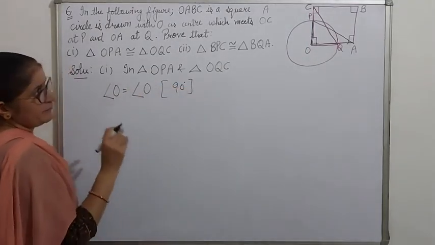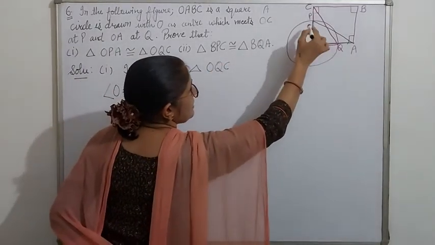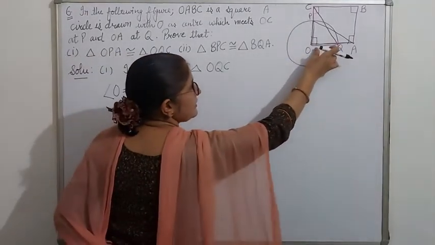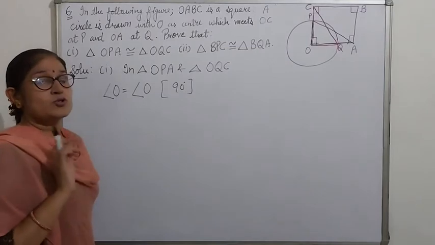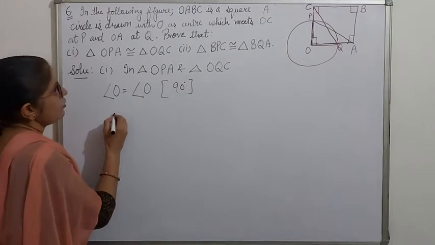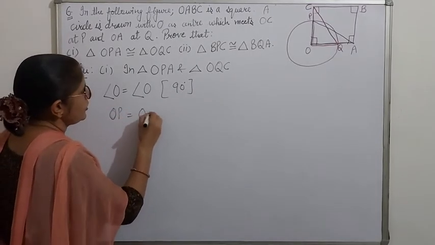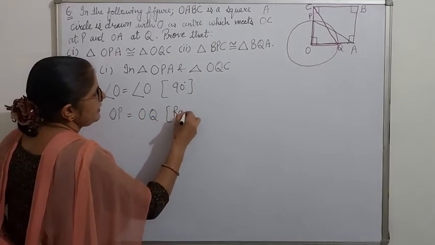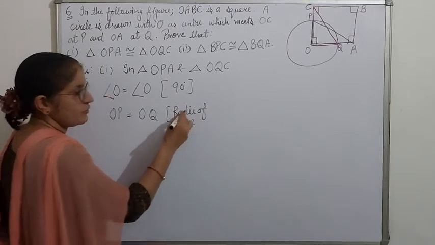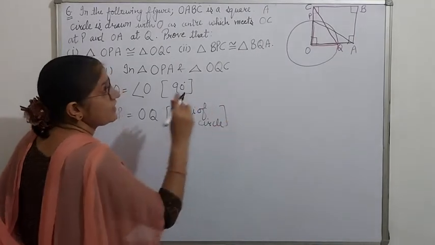The second thing, in triangle OPA, this OP is a radius. And in the other triangle, this OQ is also a radius. So in a circle, all the radii are the same. So you have to write here OP is equal to OQ, radii of the same circle. The plural of radius is radii. Same circle. So what is the third thing?